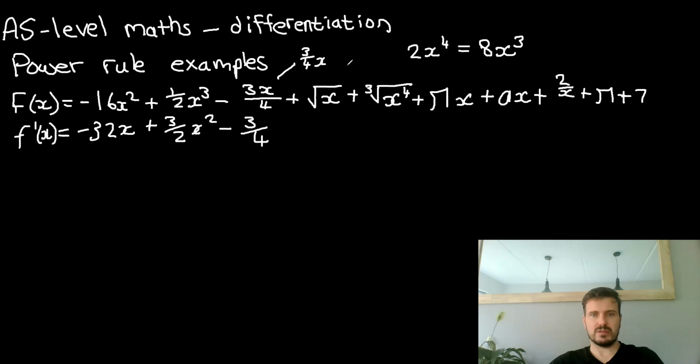Now this one, the square root of x. When you're using the power rule, you have to actually have a power. So what we have to remember is that the square root of x is just x to the half. If you don't know that, it's very important to know that the square root of x is x to the half. Now, when we look at that as a power, a half times 1, because there's 1 in the front, is a half.